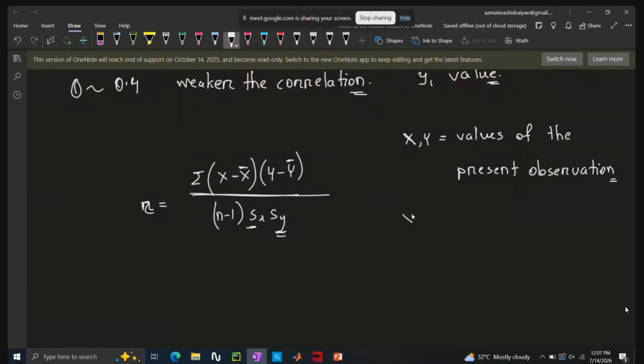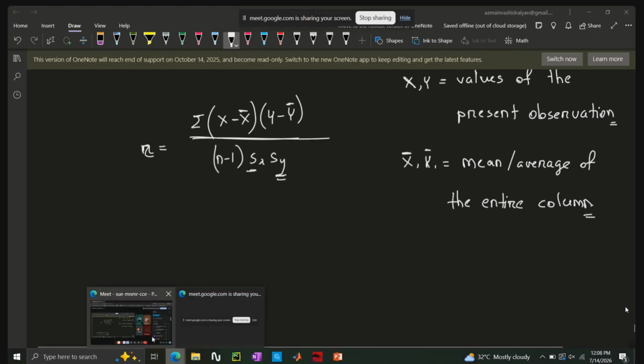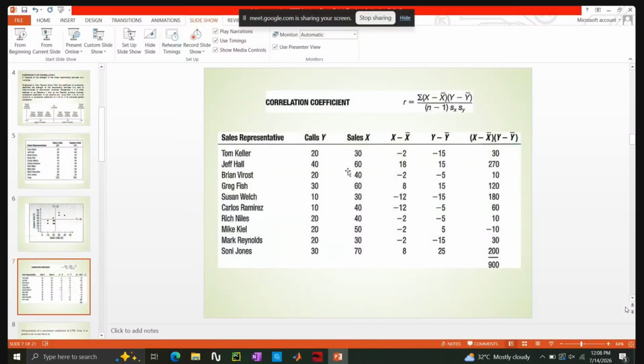Now, the X bar and Y bar values, these are basically the mean or average of the entire column. So how do we find the mean? We just have to sum up all the values along the X column. If I want to find X bar, I have to sum up all these X values and divide by the number of observations.